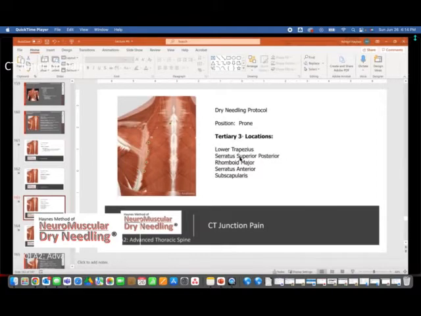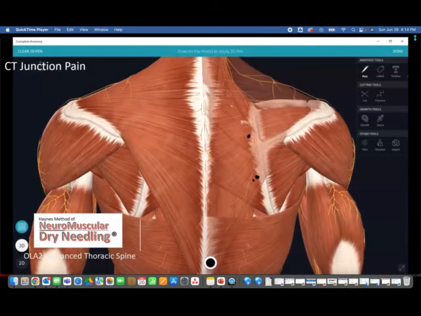So rhomboid major. The needle inclination for here, we're going to be threading through the trap. For rhomboid, we'll need to butt up against the medial border of the scapula to get into that. Again, with the needle placement for serratus anterior and subscap, it'll be similar to what we're doing for the rhomboid major.